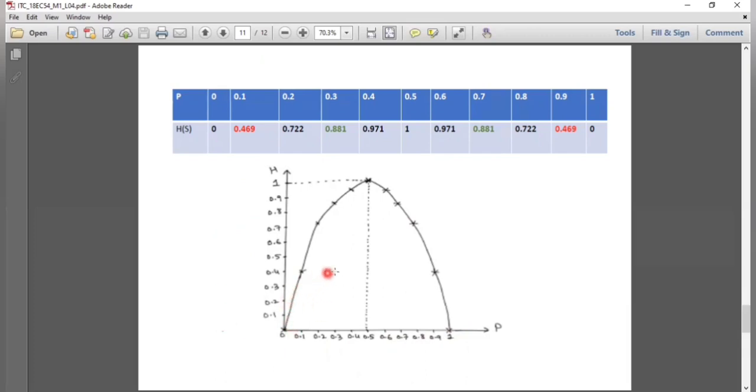And if you observe the plot, the entropy function is a symmetric function. Whatever values you get for H from 0 to 0.4, same values you obtain for 0.6 to 1. So we say entropy is a symmetric function.